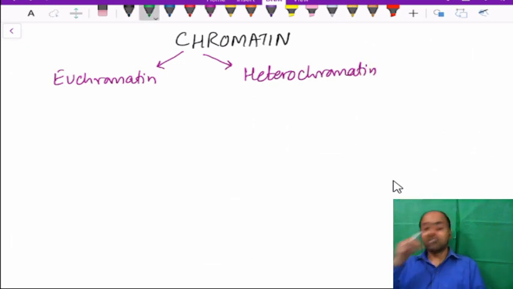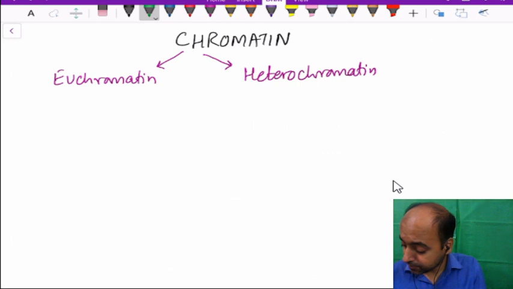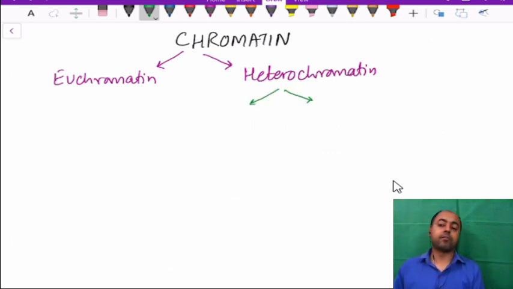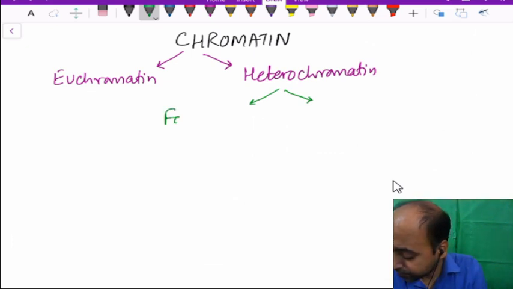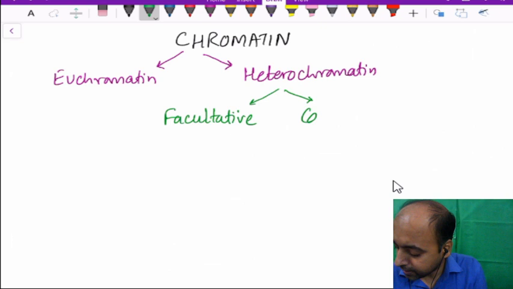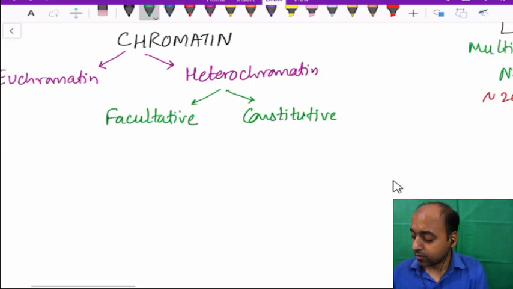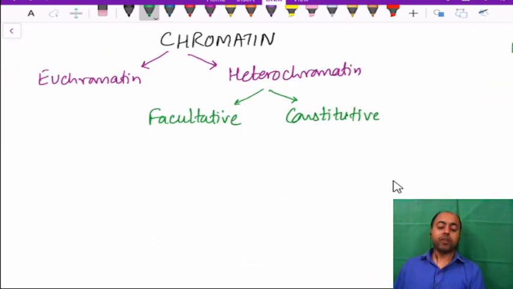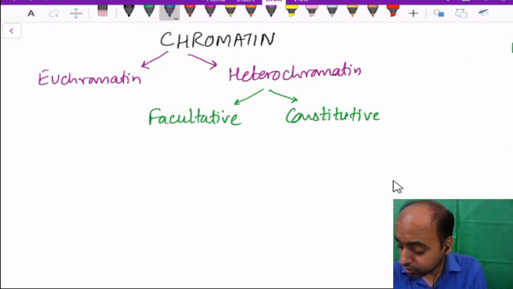The heterochromatin itself is of two types, the facultative and the constitutive.